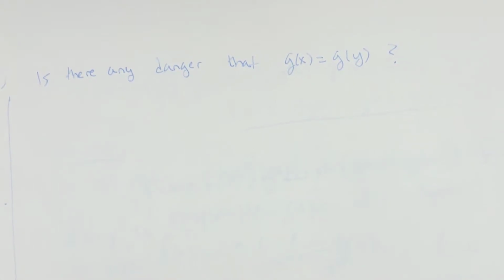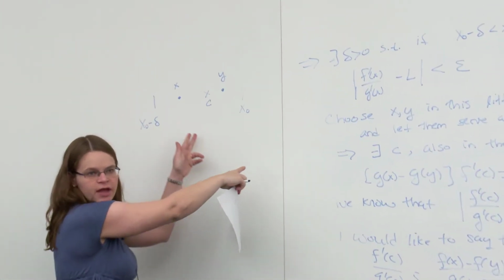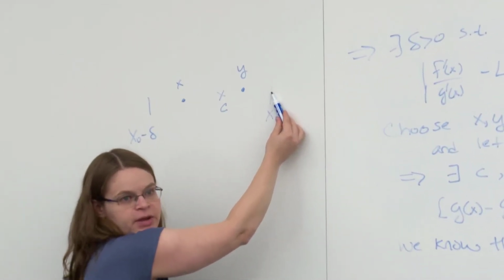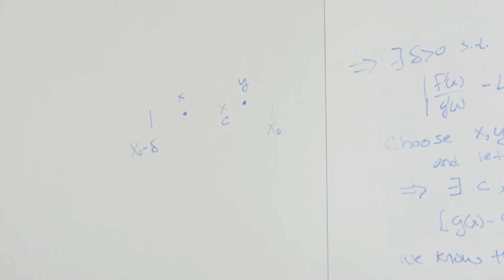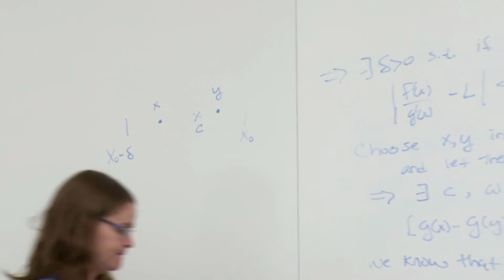The derivative of g is not 0 in between them, exactly. So one of our hypotheses was that in this window, as long as things are tight enough, g prime is never 0 except possibly at this point, right? But not nearby. And that's what's going to save g of x and g of y from becoming equal to each other.